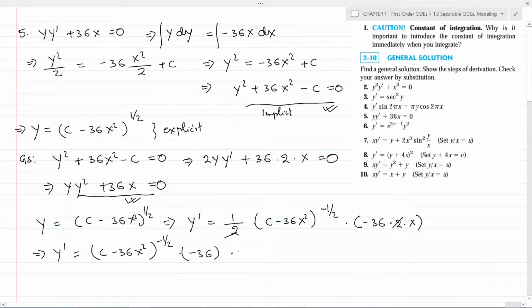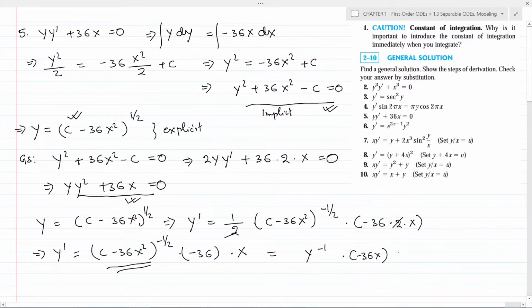multiplied by x. So from here we see that this term is similar to the y is equal to c minus 36 x square to the power half term. So the right hand side can be written as y to the power minus 1 multiplied by minus 36x.